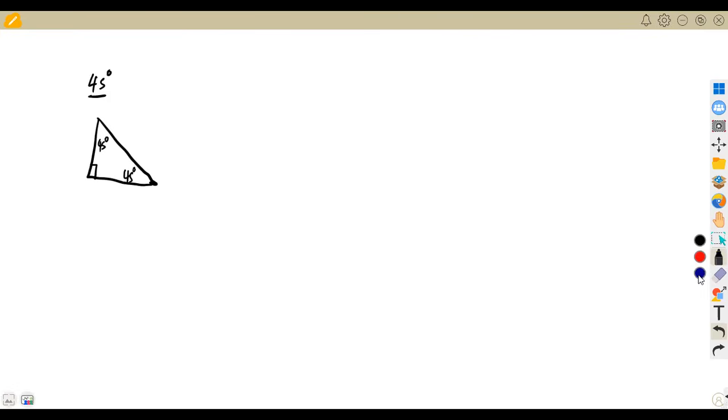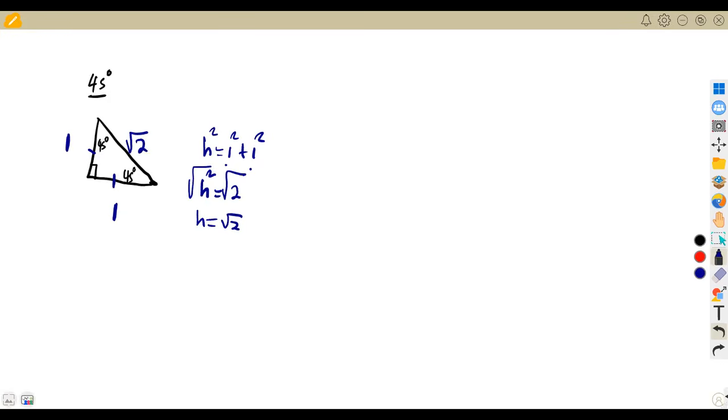So this is an isosceles triangle whereby these two sides are equal. Let's say this side is equal to 1 and also this side is equal to 1. From our Pythagoras theorem, h squared is equal to 1 squared plus 1 squared, which is 2. So to find h, we introduce the square root, where h is square root of 2. So this side is the square root of 2.